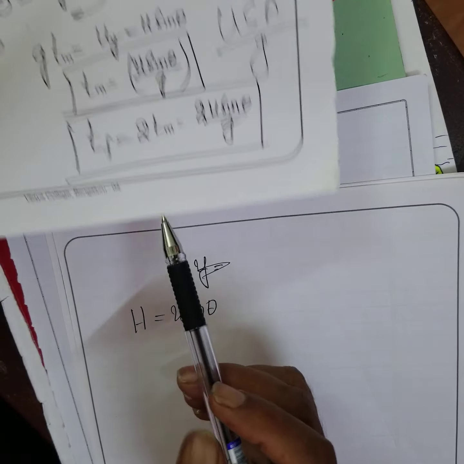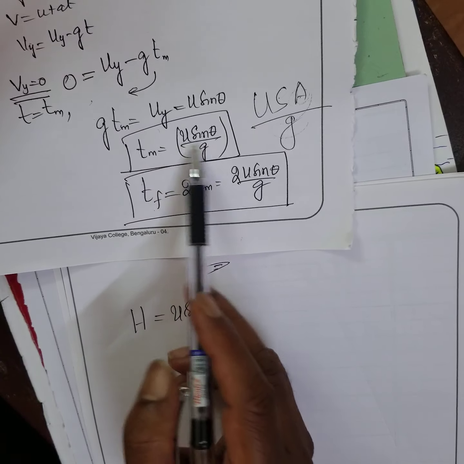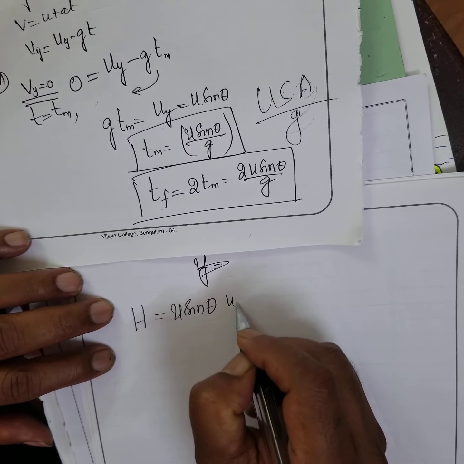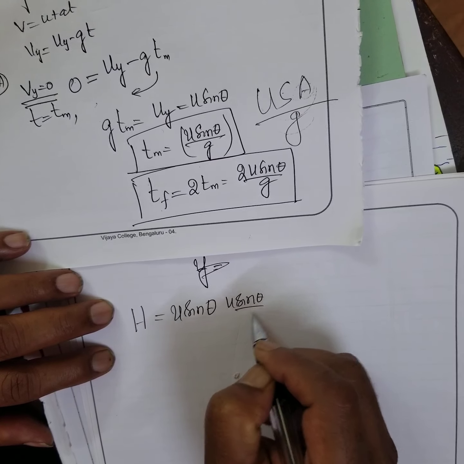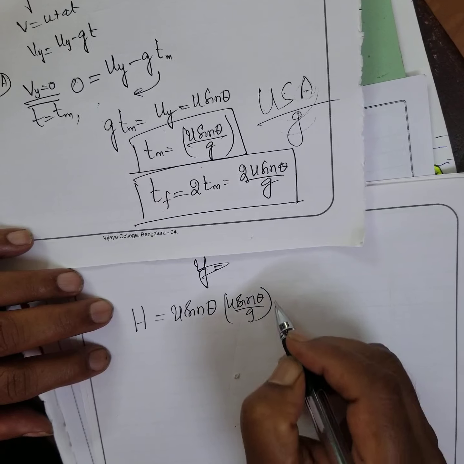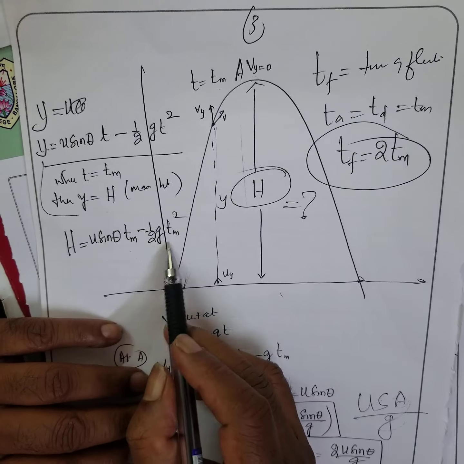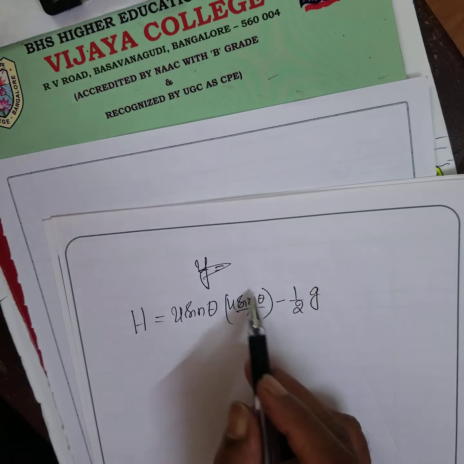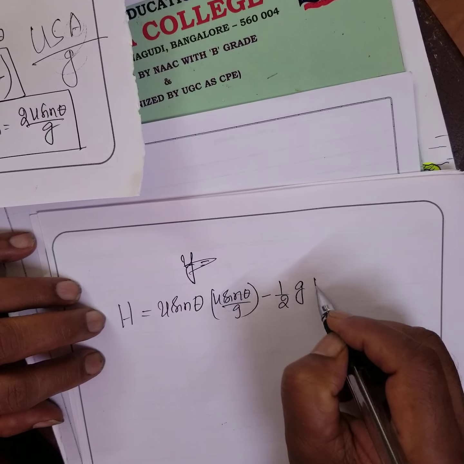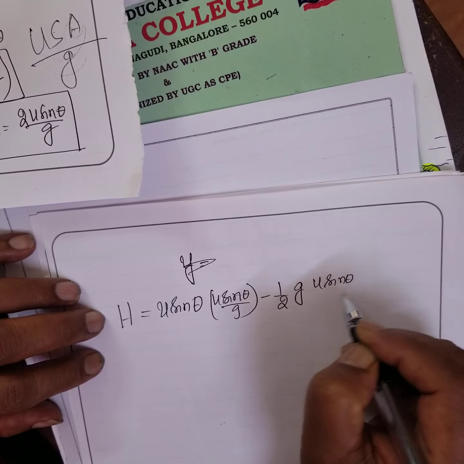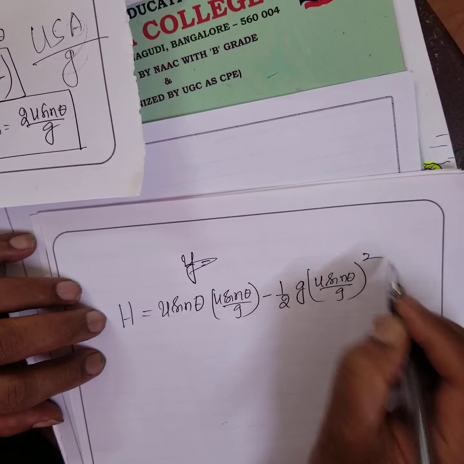Instead of Tm, what do I write? Tm is u sin theta by g, minus half g Tm square, no? The Tm square, that is u sin theta by g the whole square.